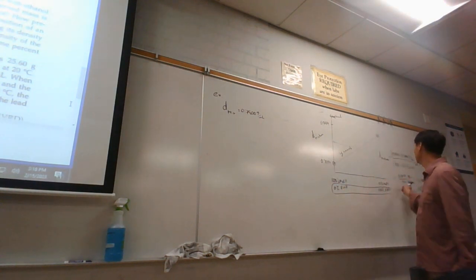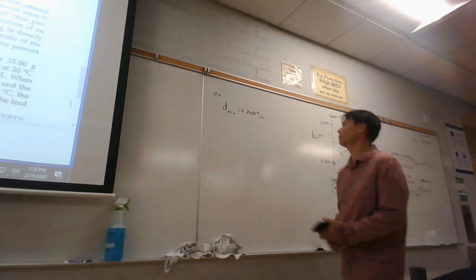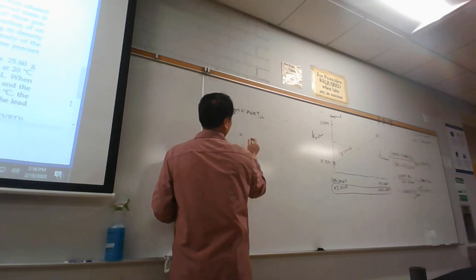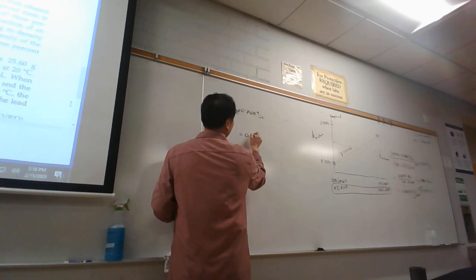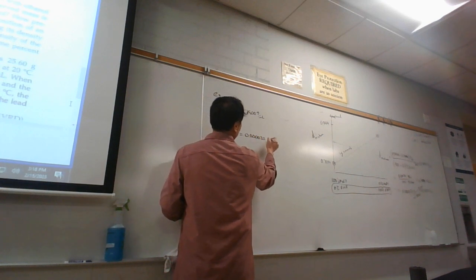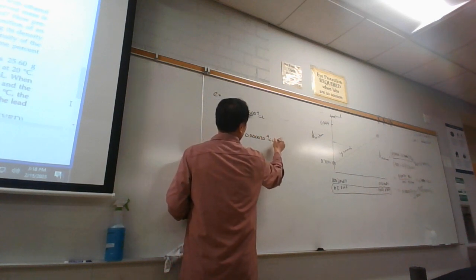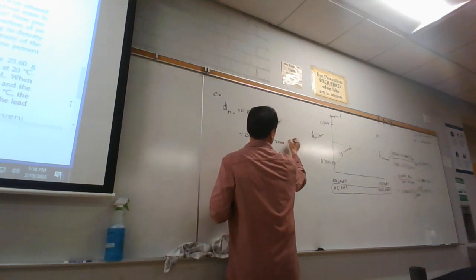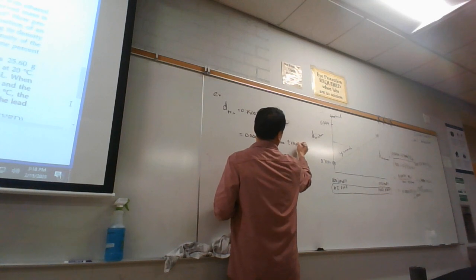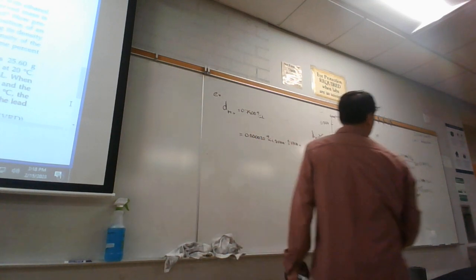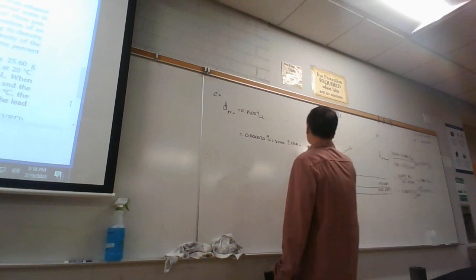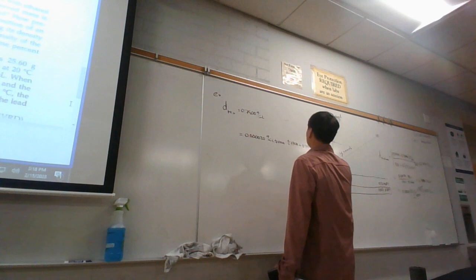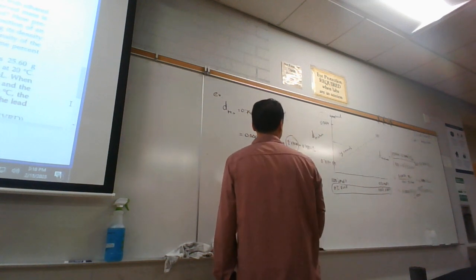I have this equation here that describes it: the density of the mixture is equal to the slope, which is going to be 0.020 grams per milliliter per percent ethanol, times the percent ethanol, plus 0.7894 grams per milliliter. So I'm going to solve this equation for percent ethanol.